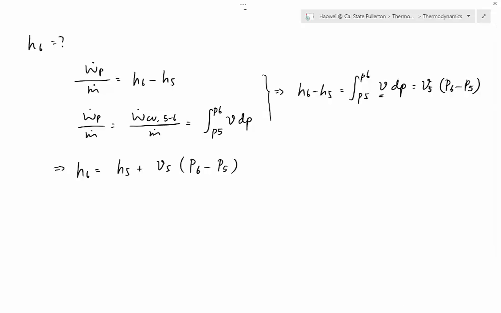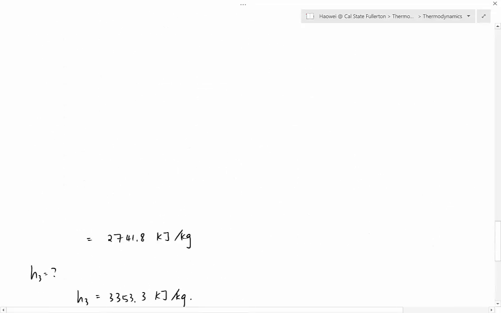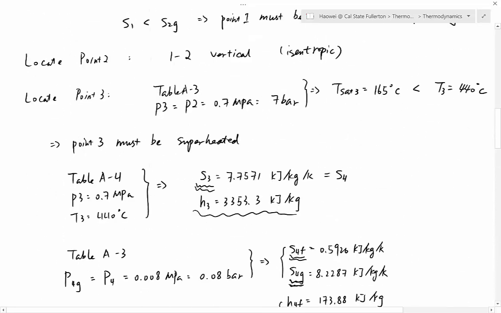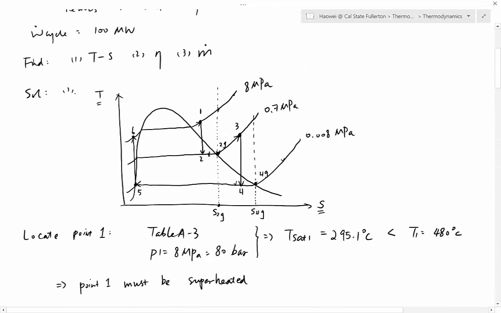Okay, let's take a look. H5 I just found from earlier. P6 and P5, those are easy. For example, what is P6? P6, pressure of number 6, is on the 8 megapascal line, so P6 is 8 megapascal. What about P5? Number 5 is on the bottom constant pressure line, which is 0.008 megapascal.